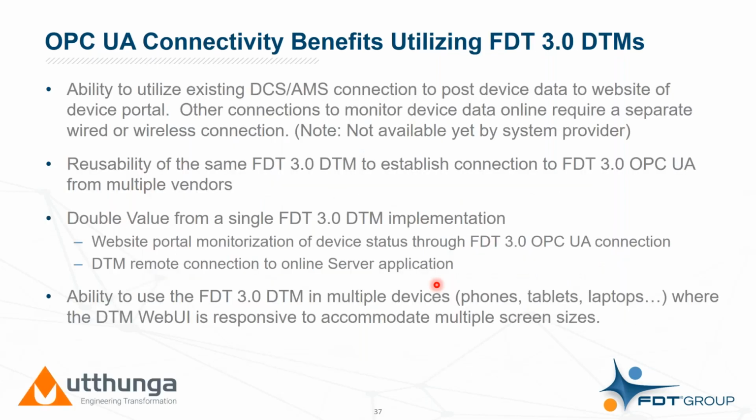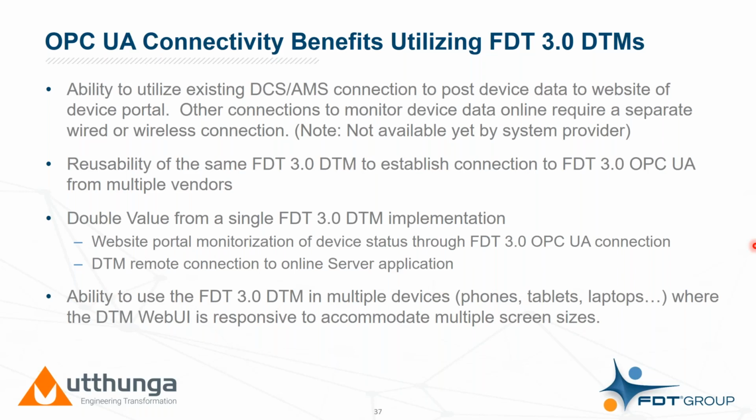Based on this analysis by FlowServe on this prototyping, they have understood the benefits of utilizing the FDT 3.0 DTMs using the OPC UA connectivity. Existing DTM systems can be used to push the data to the web portal. It requires a little modification, but it is not a huge change.